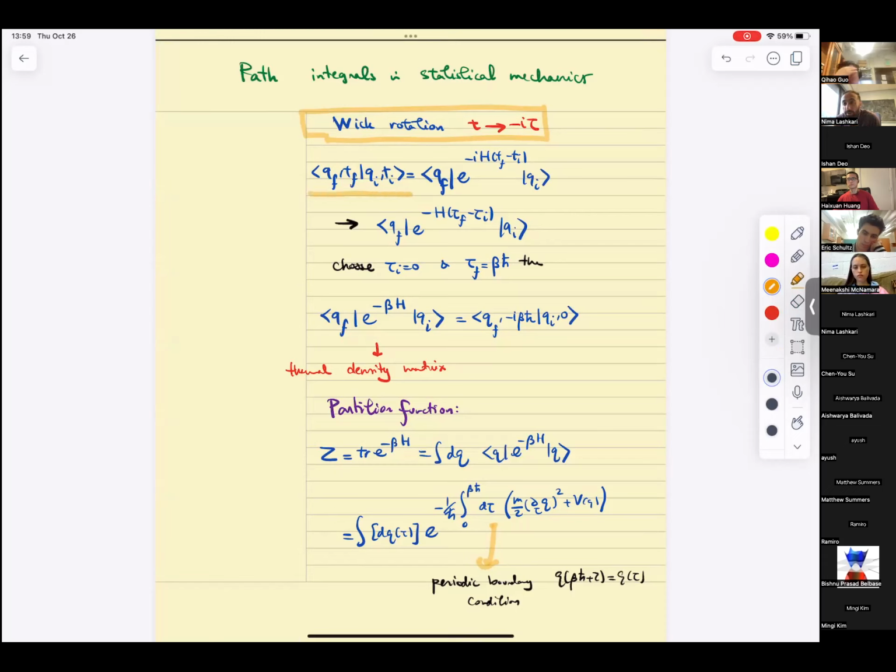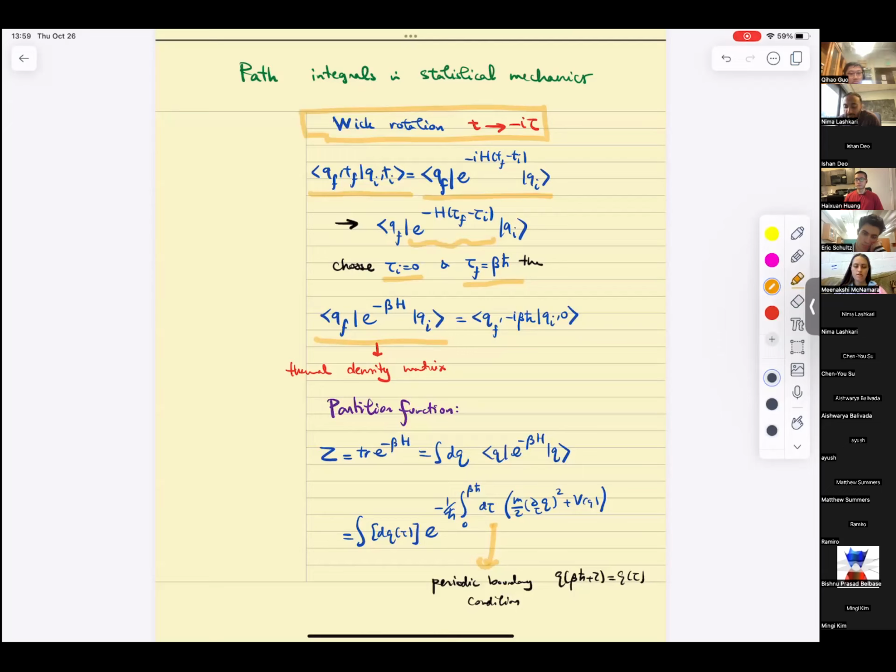Here was your propagator, real-time propagator. So it's this in the Schrodinger picture, right? If you say that t is minus I tau, you end up with e to minus H tau f minus tau I. Let's set tau I equals 0 and tau f equal to beta h bar, all right? What you end up with is this. This looks like matrix elements, up to normalization, of the thermal density matrix, right?